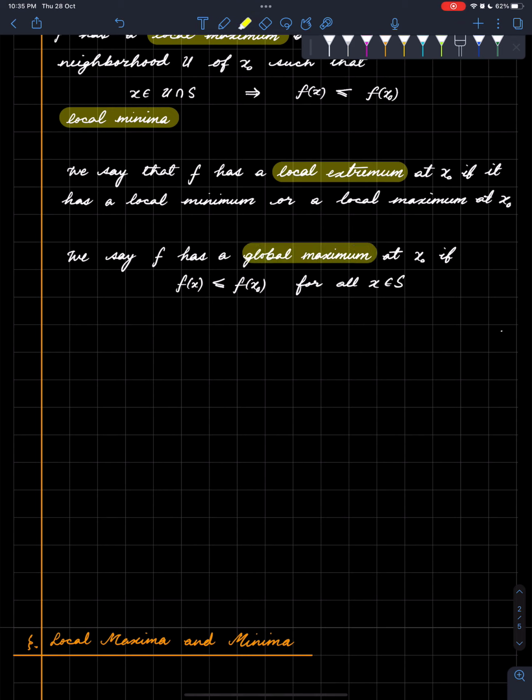Self-explanatory terminology. Similarly, we can define global minima and global extremum.